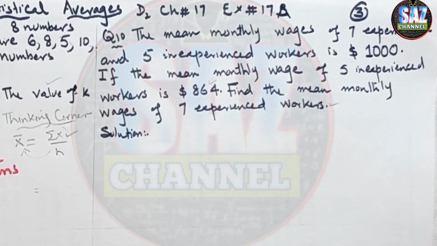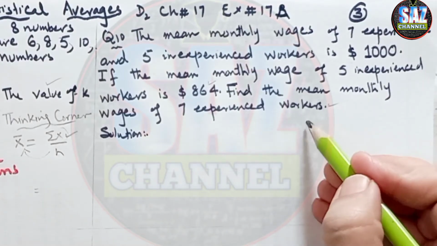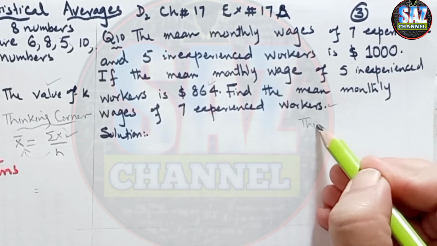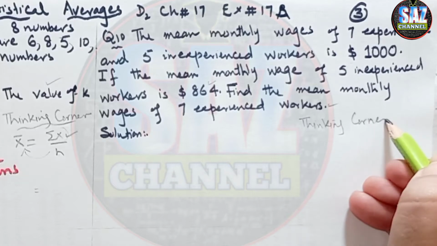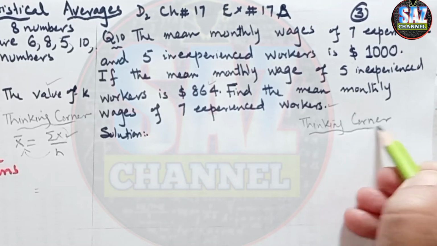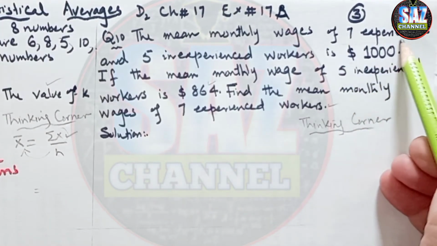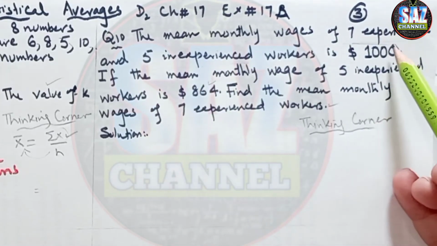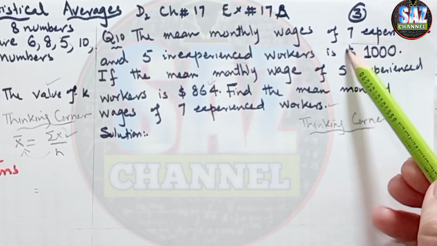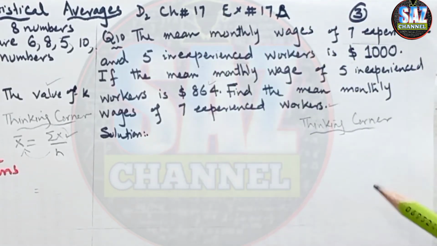Okay, try to understand the question. Let me make the thinking corner here. Make a rough sketch of your question and try to understand what is given and what is the requirement of the question. The mean monthly wages of 7 experienced and 5 inexperienced, this is the total wage for 7 and 5, that means 12 workers.